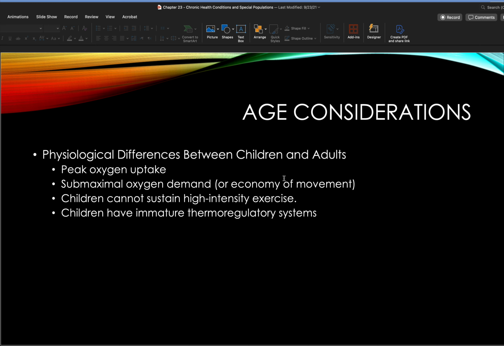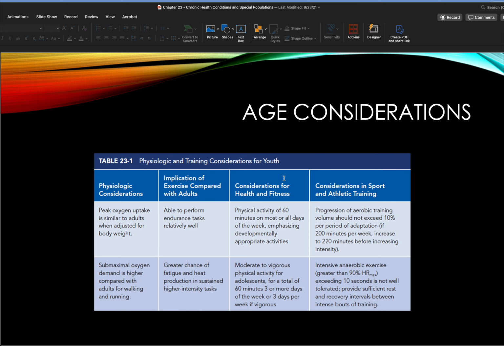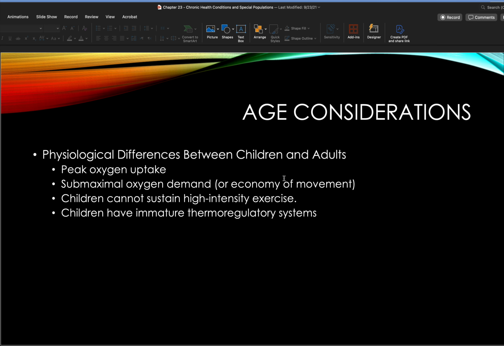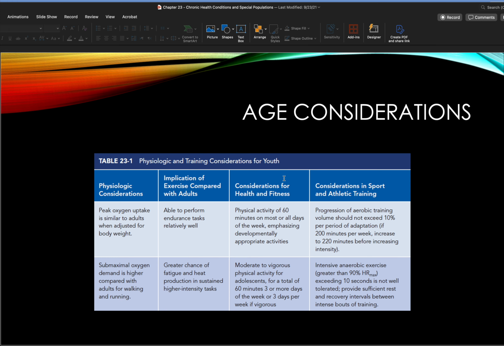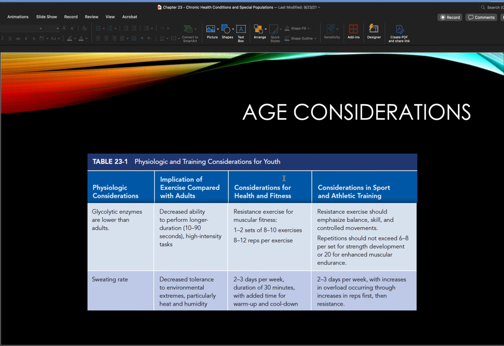So here are these four items: peak oxygen uptake, submax oxygen demand, sustaining high intensity exercise, and immature thermoregulatory systems. You can see the comparisons of each. Not saying that they can't do those things, but there is a difference between them.